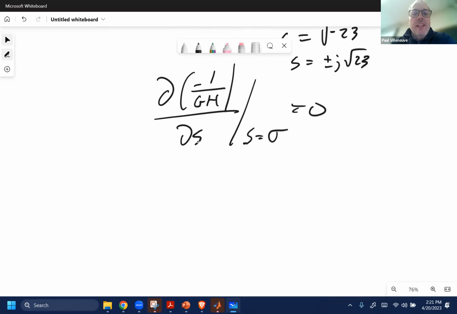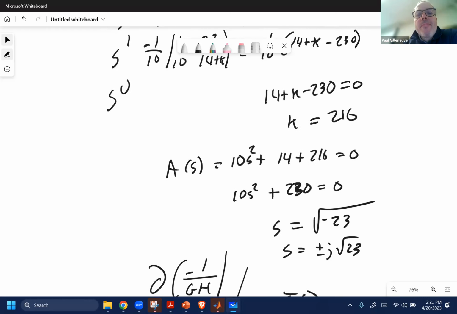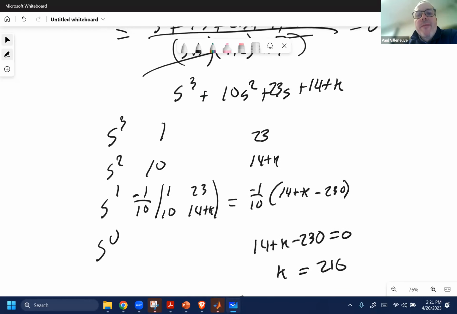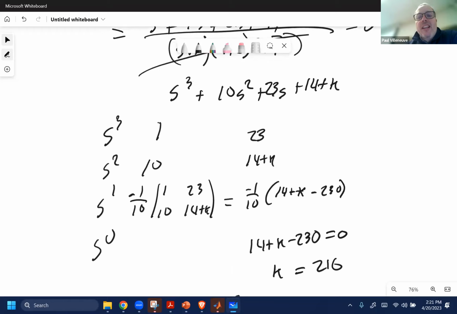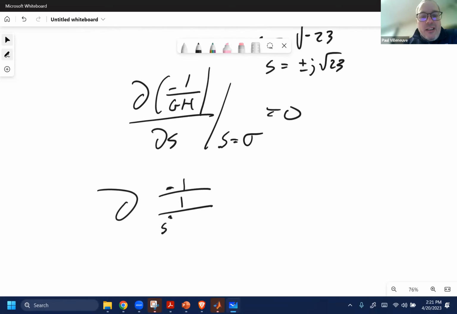So take the partial of -1 over, what did I have? I have this right here, s cubed plus 10s squared plus 23s plus 14.